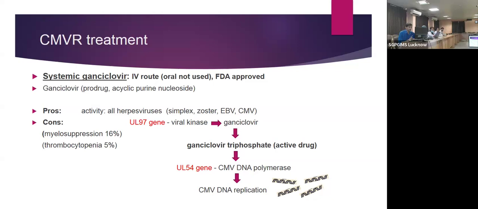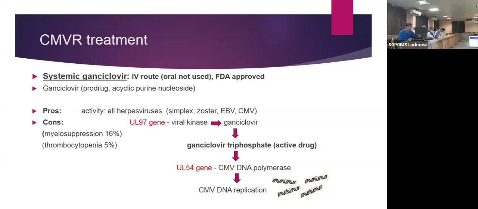Ganciclovir is a very good drug for CMV retinitis. The only thing is myelosuppression in hematological patients, and thrombocytopenia is also associated, so many times these drugs create problems of this sort. But what is good?